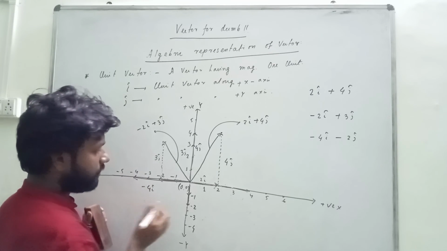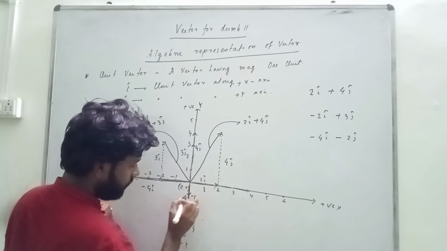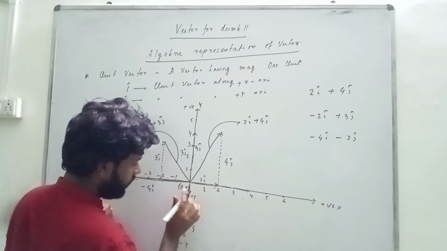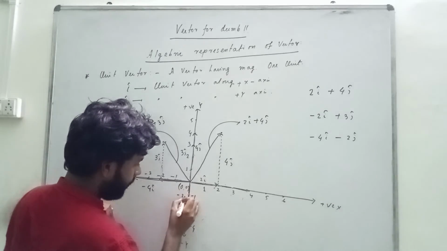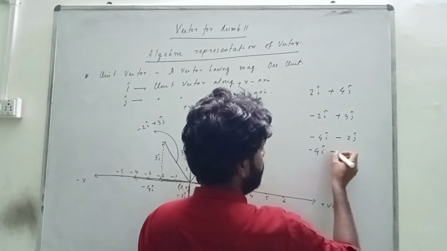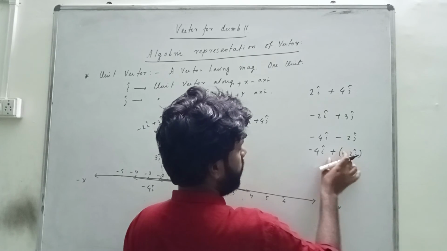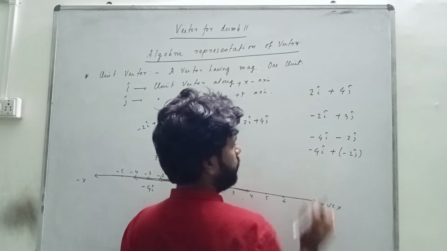And the minus 2j cap is here, right? All of you know the product of plus and minus goes to minus.